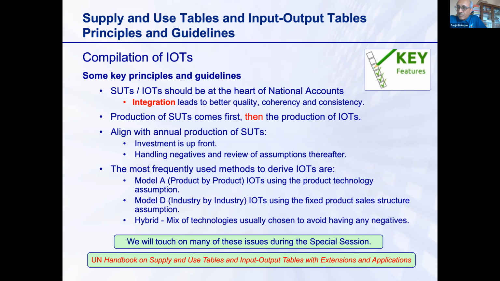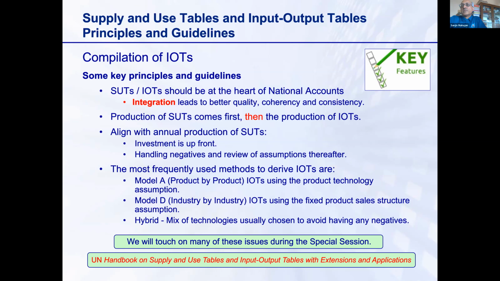Now, I haven't said you must use Model B or must use Model D, because this particular aspect has been a sensitivity for over 50 or 60 years, and there is no consensus agreement, because different users have a different interest, and for some users, Model B may be what they would like, or Model D. But most producers are using methods to, in essence, produce Model A and Model D. You can produce all if you want, no one's stopping you, but the producers are quite often producing on the basis of Model A and D.